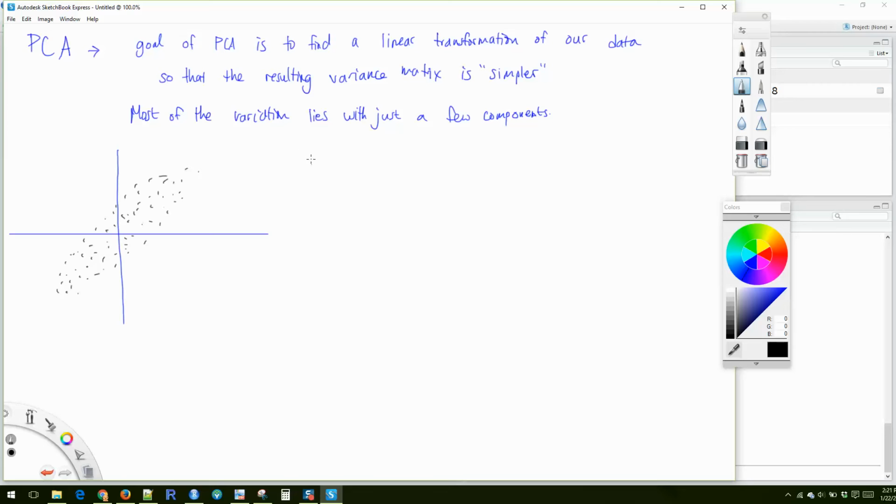So our data y is a two-dimensional vector, y1 and y2. So this is basically bivariate data, right?